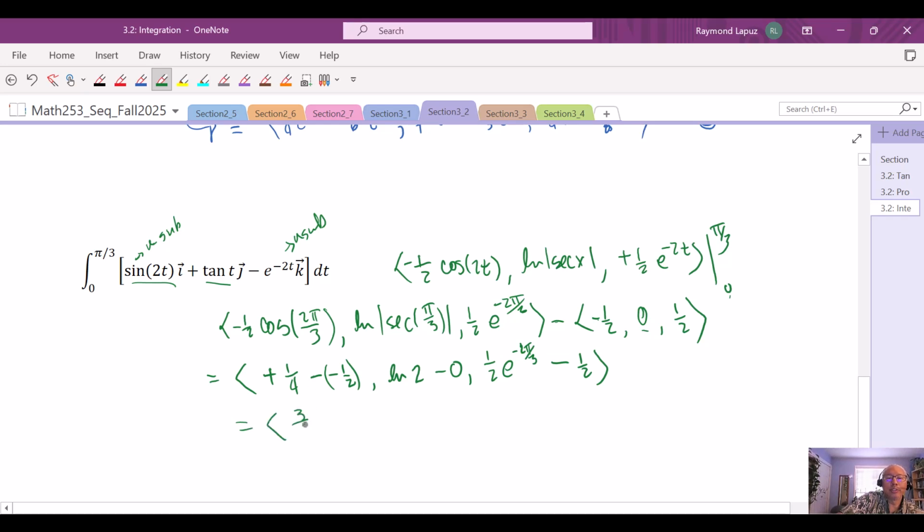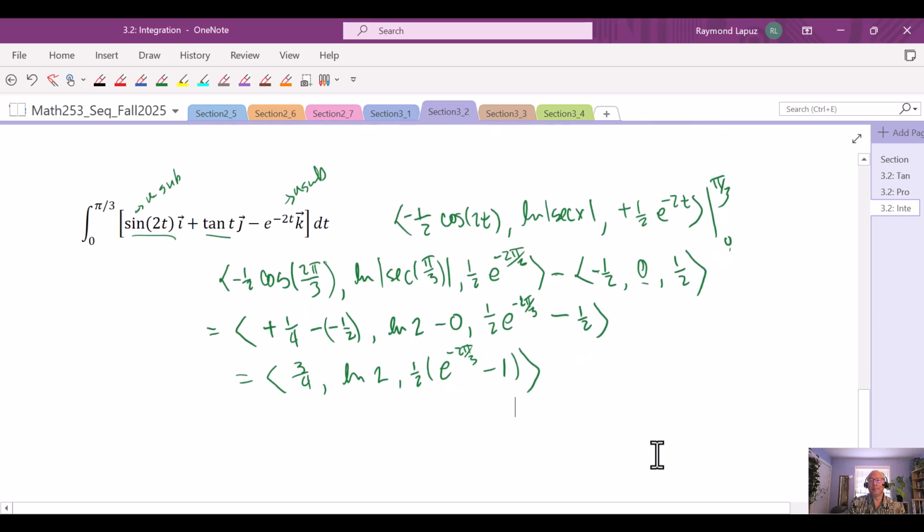There is 3/4, comma, ln of 2, comma, and then you can take out a 1/2 if you want. And then this is e to the negative 2 pi over 3 minus 1. All right, so that is your result from this definite integral where we put in the limits. Okay, I hope that helps. Good luck.